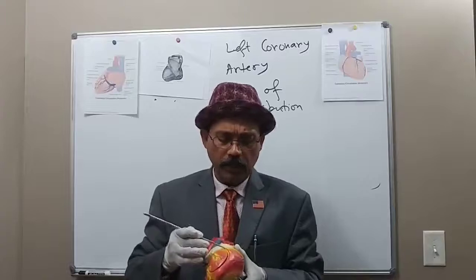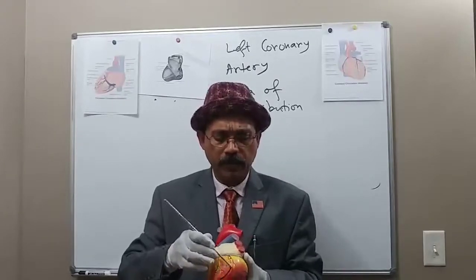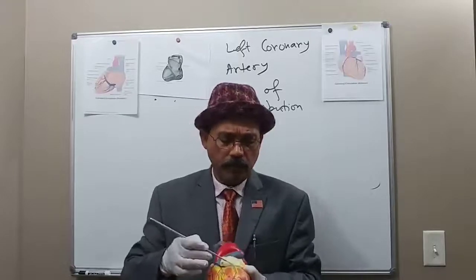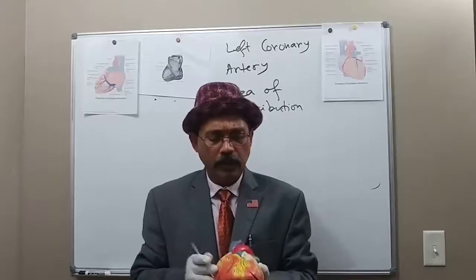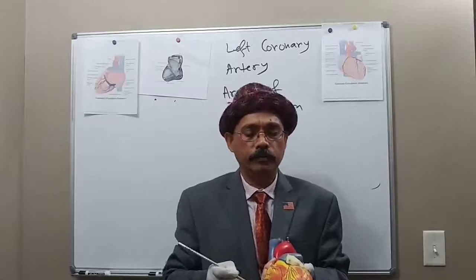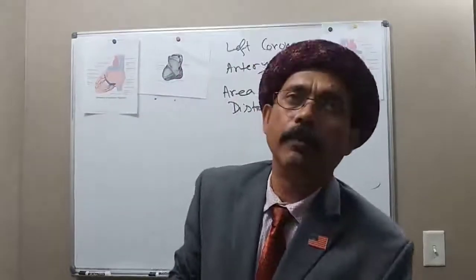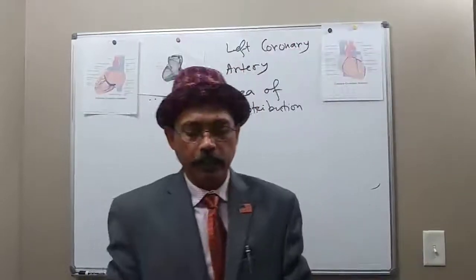The circumflex artery gives rise to the left marginal artery. We may have more than one left marginal artery, that is possible. This is the LAD, the anterior interventricular artery. So we got the branches of the left and right coronary arteries.